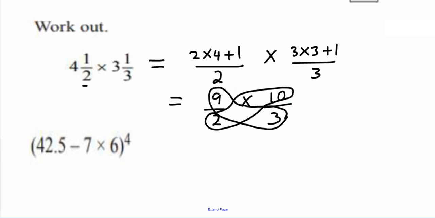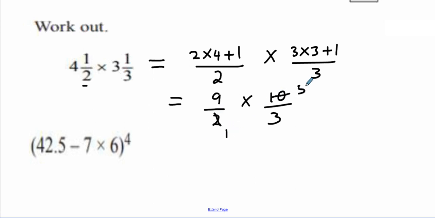So how do we simplify that? You just do 2 by 2 is 1, 4 by 2 is 5, 3 by 3 is 1, 3 by 3. So what is 3 times 5? The answer is 15 over, what is 1 times 1? The answer is 1. So 15 divided by 1, the answer is 15.